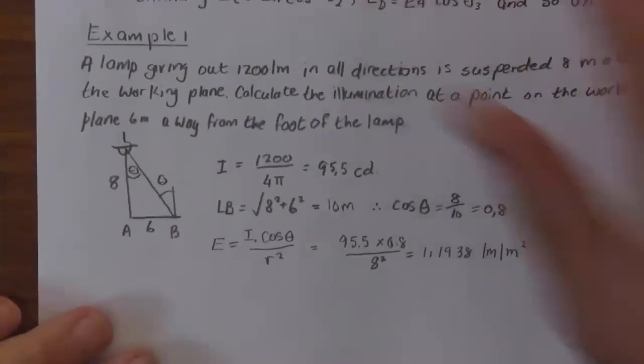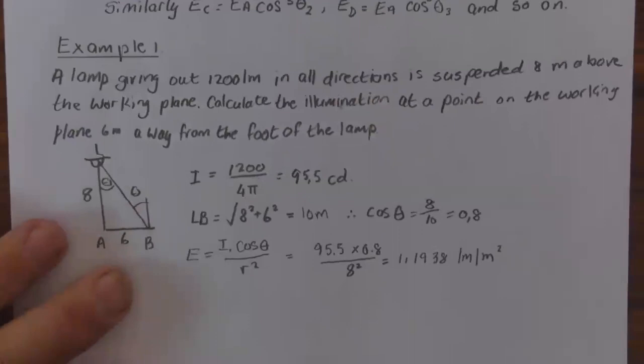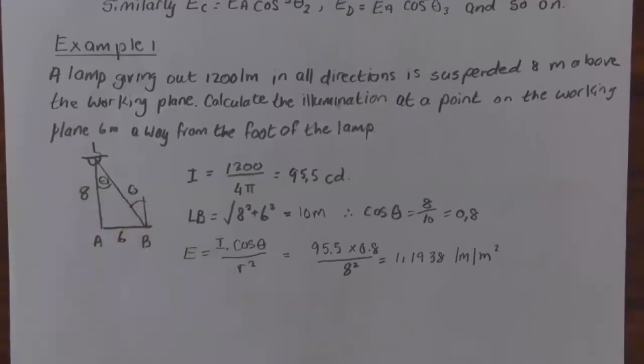Now let's look at an example. A lamp giving out 1,200 lumens in all directions is suspended 8 meters above the working plane. Calculate the illumination at a point on the working plane 6 meters away from the foot of the lamp. Because it says in all directions, we have to divide by 4 pi. That gives us 1,200 lumens divided by 4 pi, which is 95.5 candela.